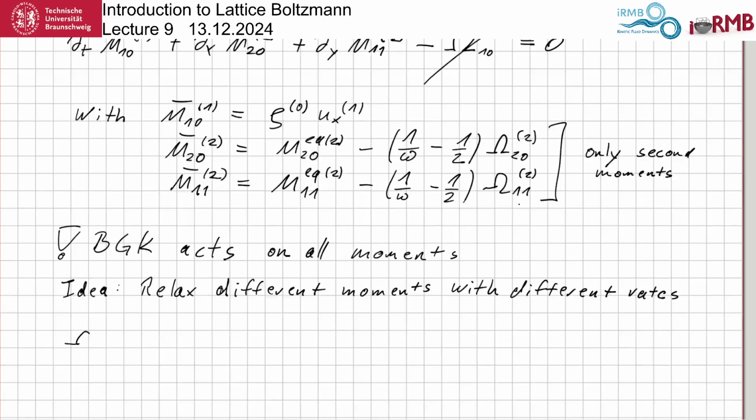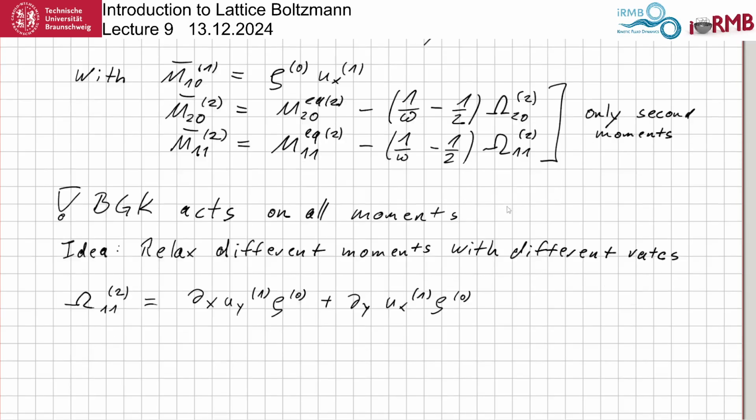So this omega 1,1 to the second order: there are these derivatives, dx uy first order rho to the zero order plus dy ux to the first order rho to the zero order. Okay? So this is something that shows up in the Navier-Stokes equation on the diffusion part.